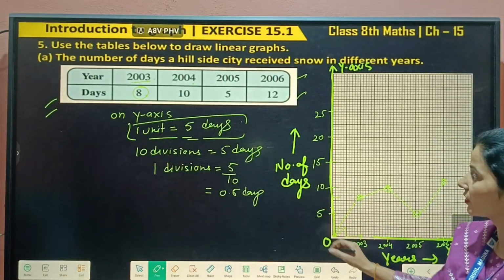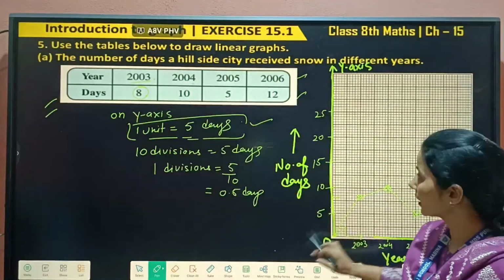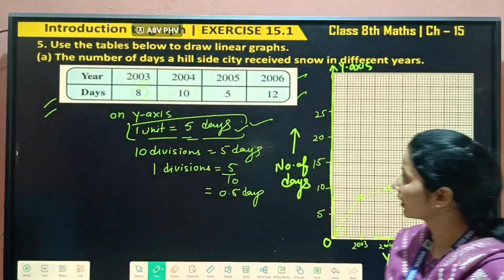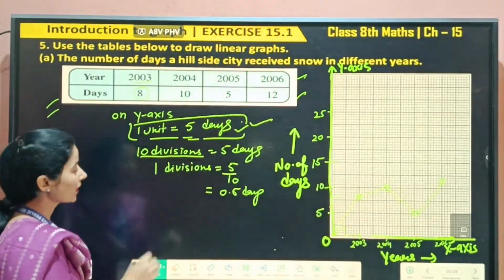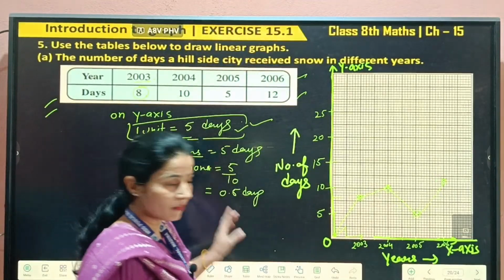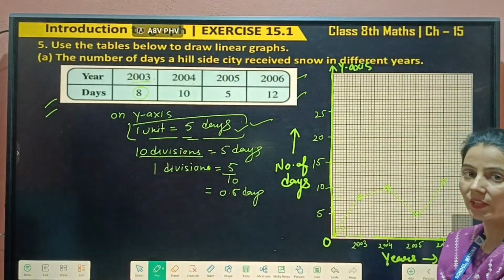Then you will define that scale on the y-axis, how you consider 1 unit. This 1 unit I considered equal to 5 days. This 1 unit contains 10 divisions, so these 10 divisions will be 5 days. So I can find out 1 division, 1 division will be 0.5 day. So according to the given information, now you can plot your graph easily.